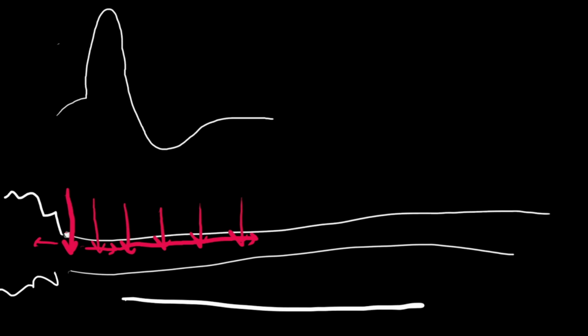A lot of the initial experiments on how we found out about action potentials were from a squid giant axon, which was about 1 millimeter in diameter. It's just huge. In big diameters, the action potential travels faster.